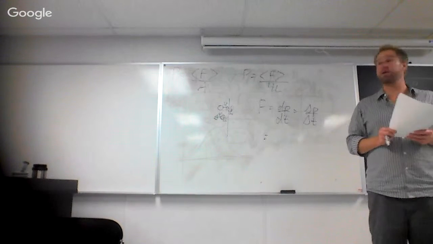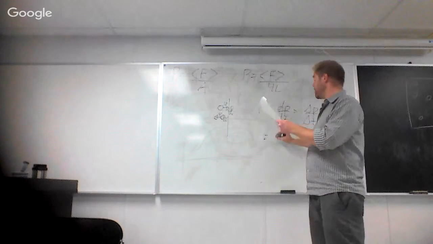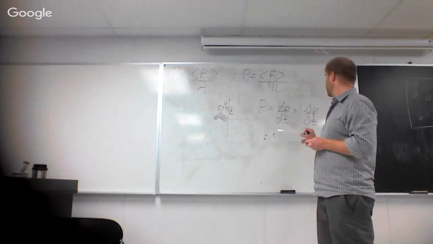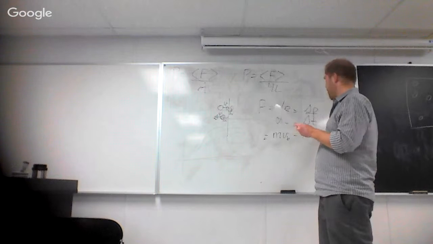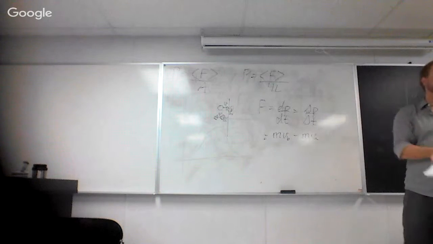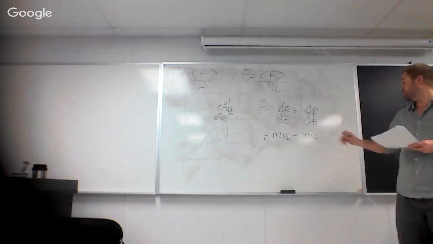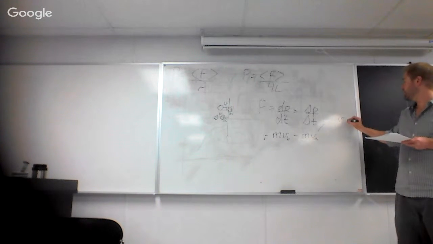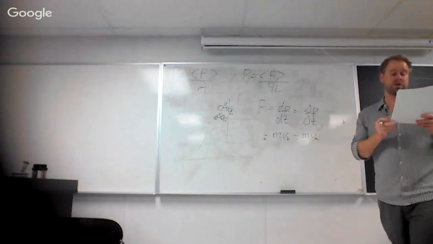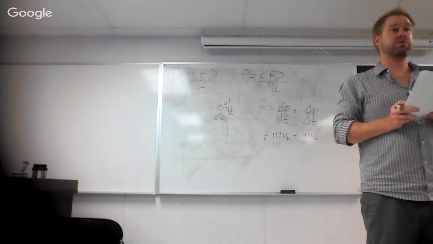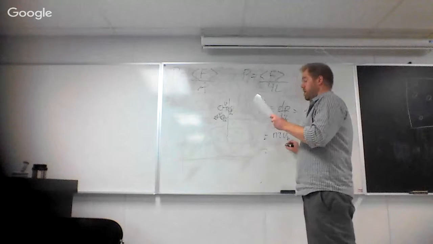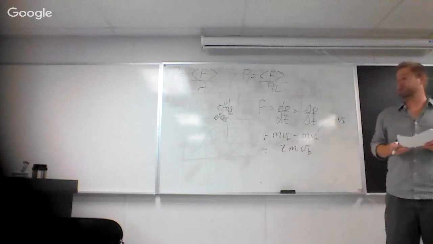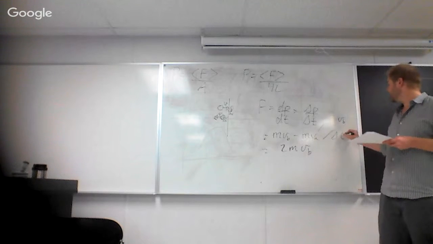So what's our delta p equal to? It's mv before the collision minus mv after the collision. But the velocity after is just negative v before the collision. So what do we get? We get 2mv before the collision, and then this is all over the delta t.